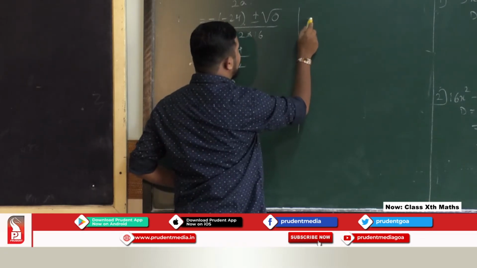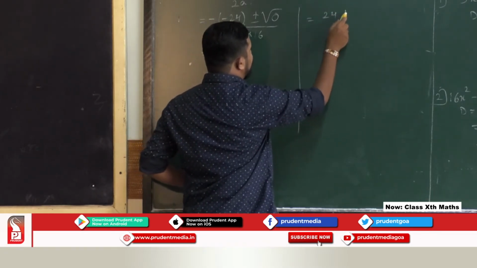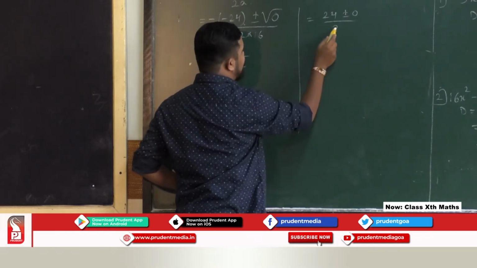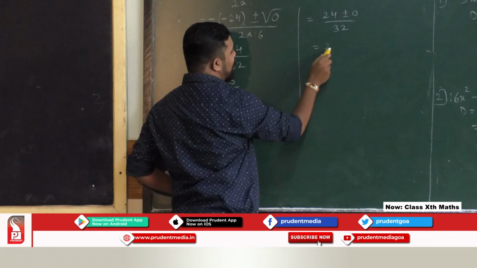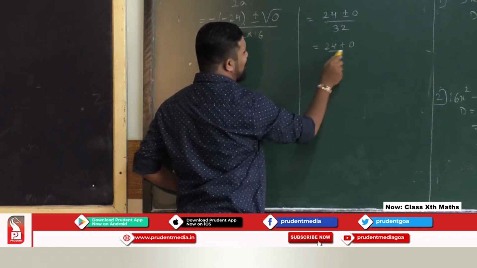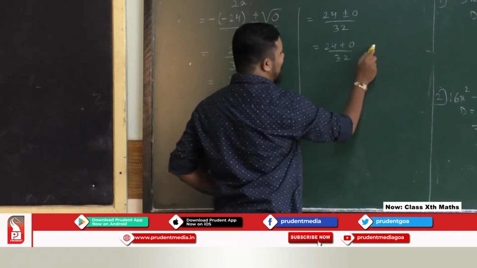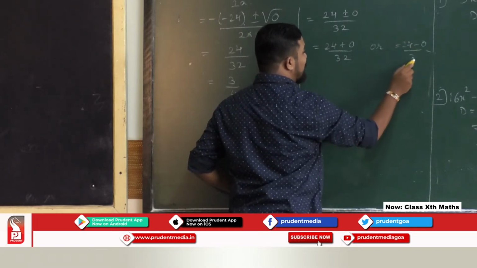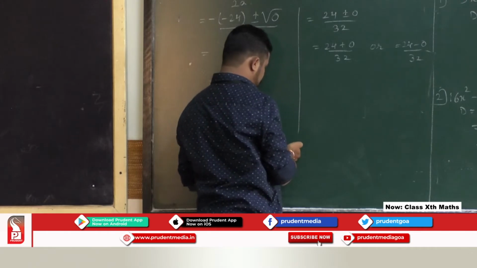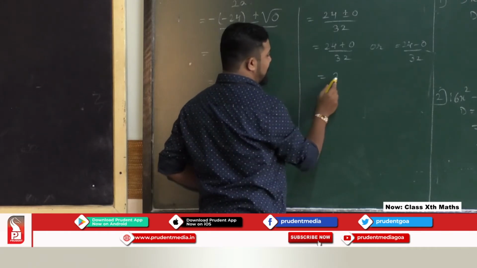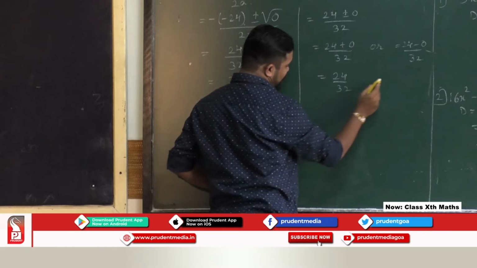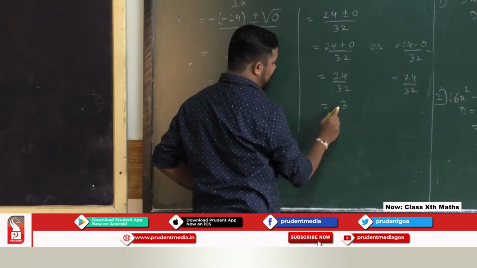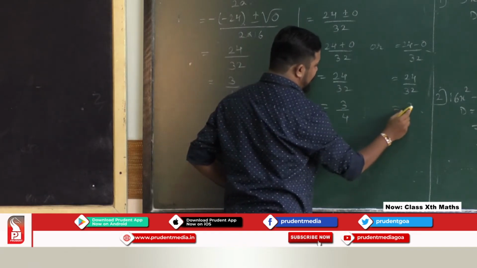I can say 24 plus or minus 0 upon 16 twos, which is 32. So I am just writing 24 plus 0 by 32, or I am saying 24 minus 0 by 32. 24 by 32, 24 by 32, same answer, see. 3 by 4, 3 by 4.